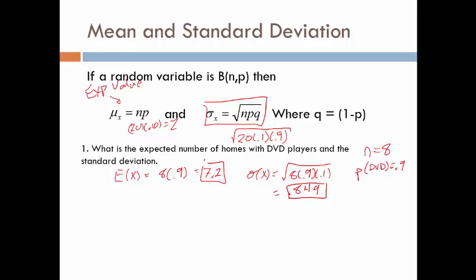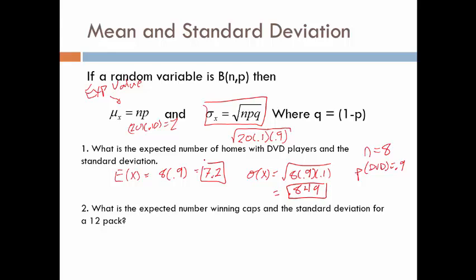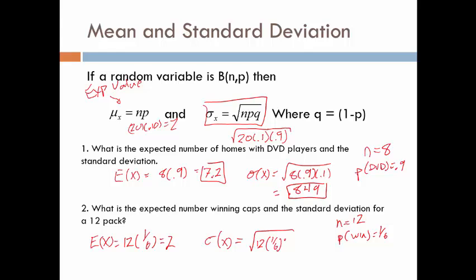You wanted to go back to your empirical rule. The winning caps, right? So we got a 12 pack, so n equals 12. Remember the probability of winning is 1/6. So the expected number would be n times p. So we expect about 2 winning caps. And then the standard deviation is the square root of 12 times 1/6 times 5/6.